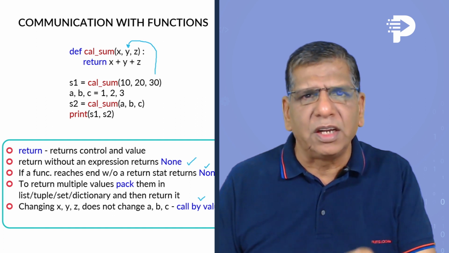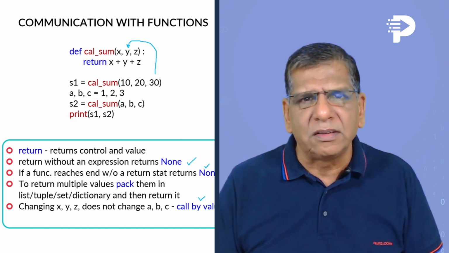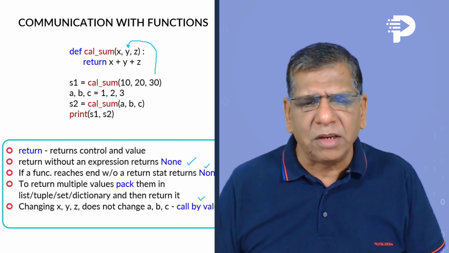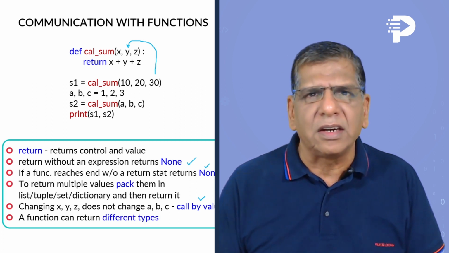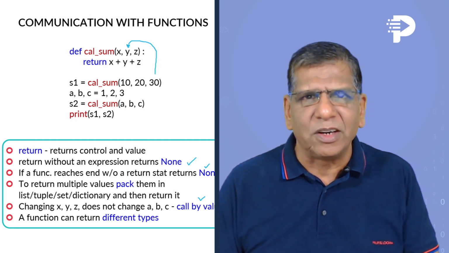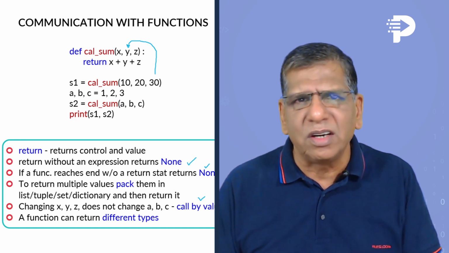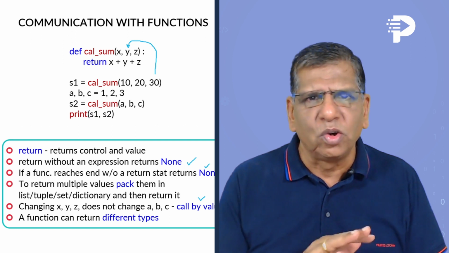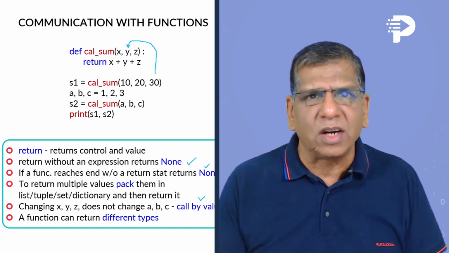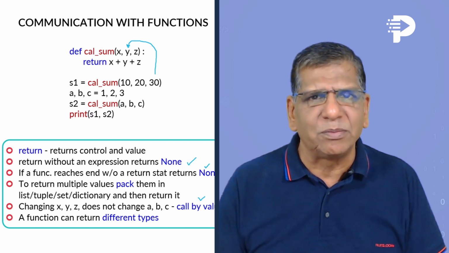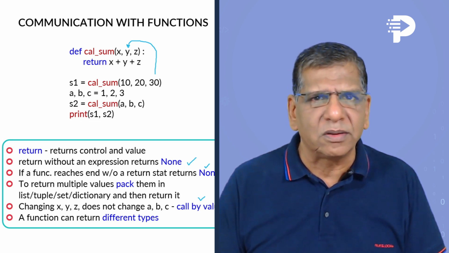Or first may return a float, second may return a list. That's what I mean when I say that a function can return different types at different times. In one call it may return an integer, in next call it may even return a list. Don't be too surprised with that. Which is not the case with other languages. That is why this point becomes important to note.